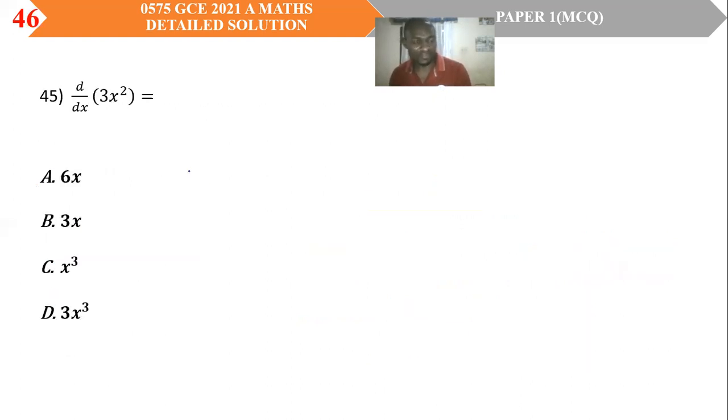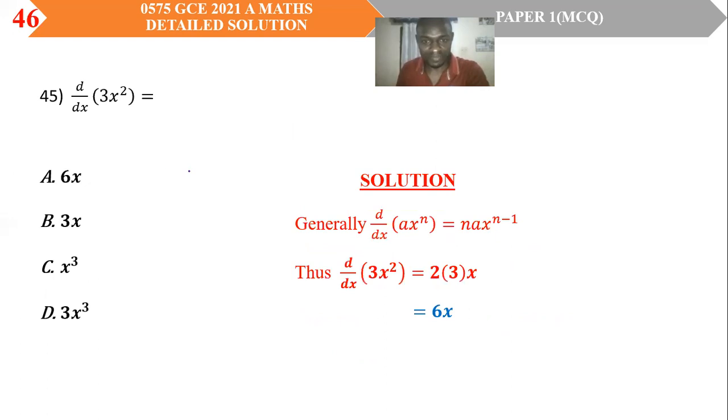Question 45. d/dx of 3x squared is equal to, solution. Generally, d/dx of any power function a x to the power n is given by the formula n times a x to the power n minus 1. This is the formula for differentiation.